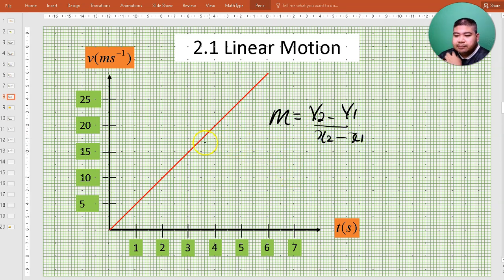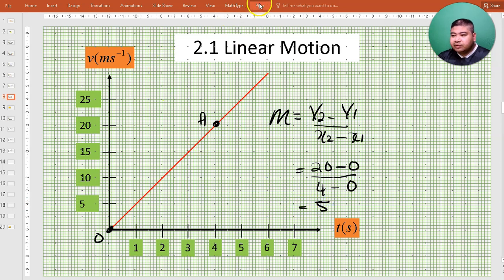If we pick any point on the line, let's say this point and this point, point A and point O, and substitute into the equation, we have 20 minus 0 divided by 4 minus 0, so we get 5.